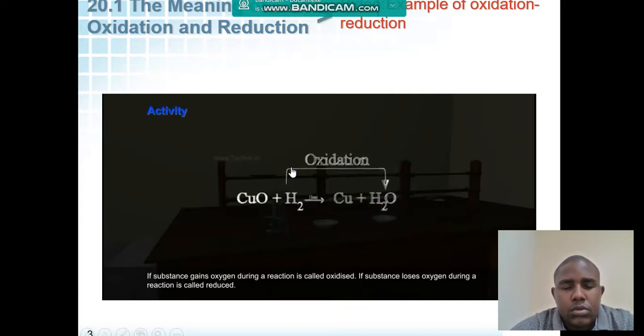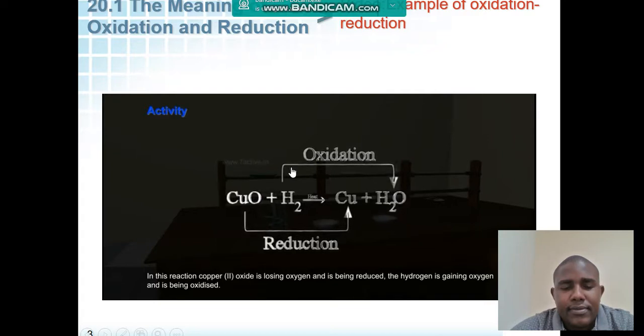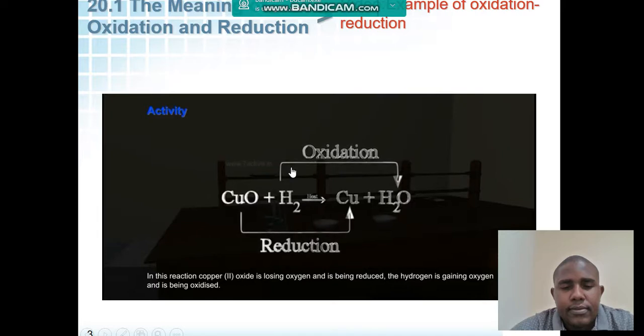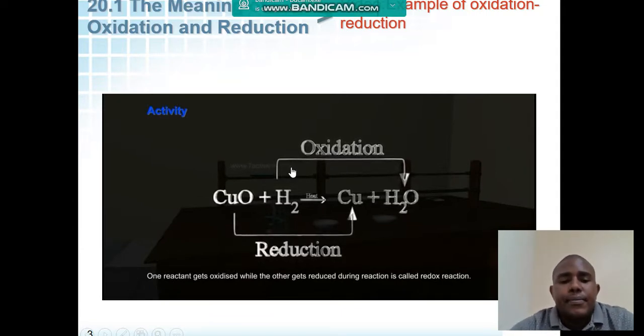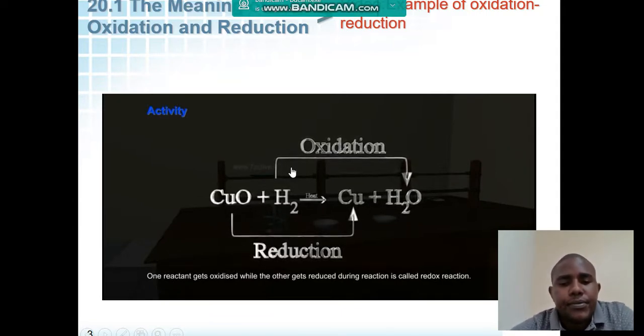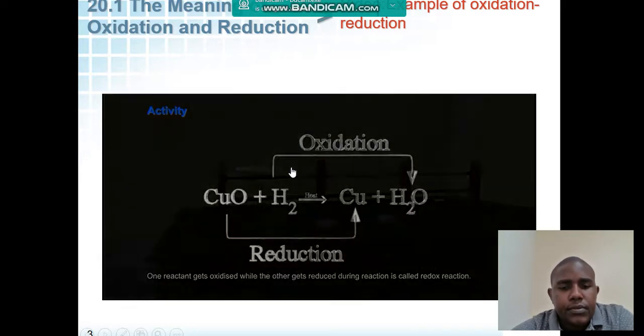If a substance loses oxygen during a reaction, it is called reduced. In this reaction, copper 2 oxide is losing oxygen and is being reduced. The hydrogen is gaining oxygen and is being oxidized. A reaction where one reactant gets oxidized while the other gets reduced is called a redox reaction.